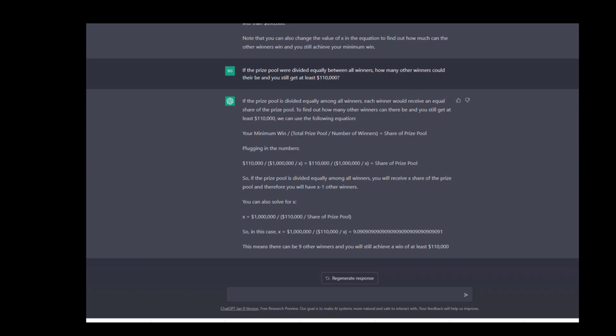You can also solve for X. X equals $1 million divided by $110,000 divided by share of prize pool. So, in this case, X equals $1 million divided by $110,000, which equals 9.09. This means there can be 9 other winners and you will still achieve a win of at least $110,000.